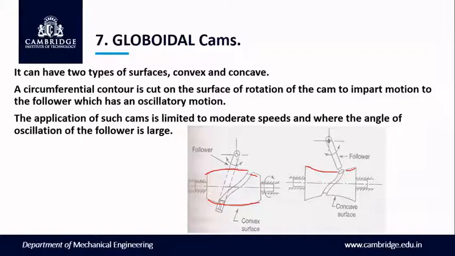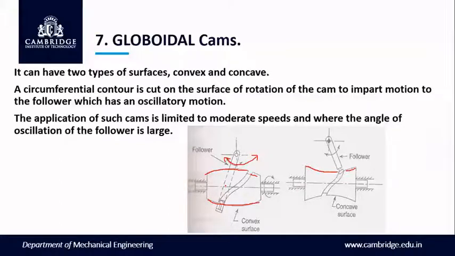The circumferential contour is cut just like cylindrical cams. Here also we'll be having a circumferential groove, and the follower will follow this groove, so that the rotary motion is converted into oscillating motion of the follower.